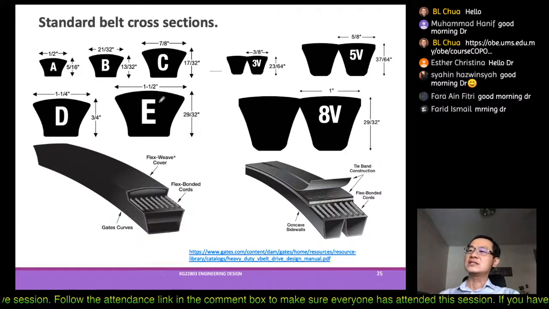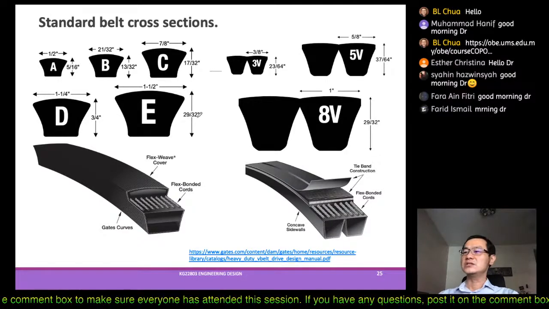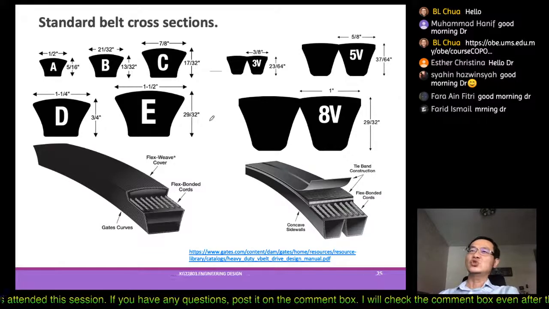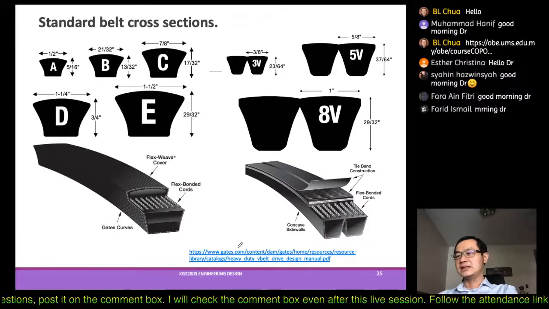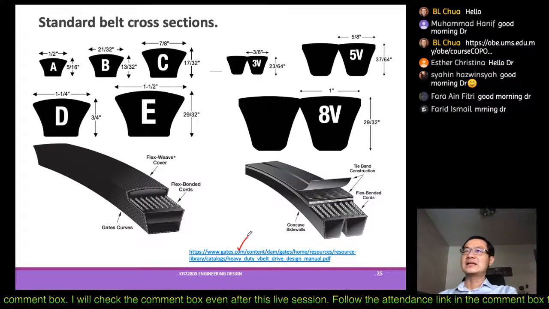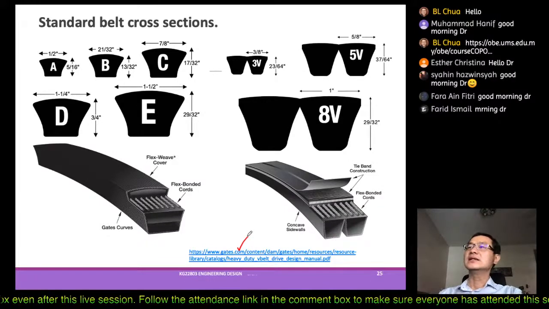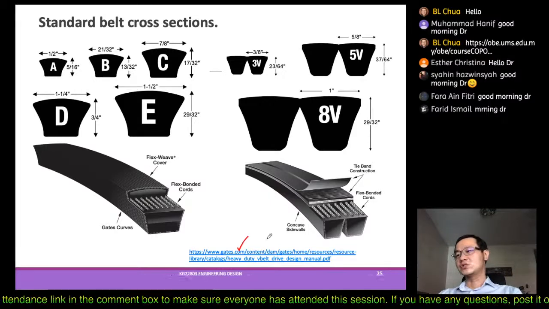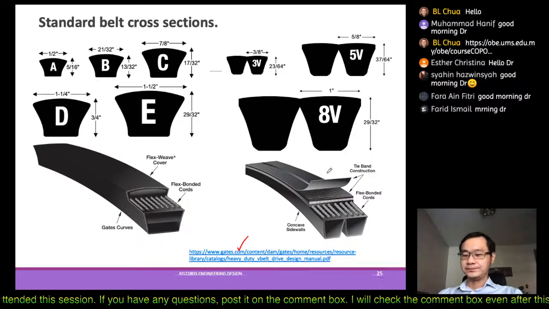This is the standard of the belt constructions, made according to the American standard. Again, similar to the bearing, you can always get the specifications from the manufacturer website. This is where I get the catalog from, gates.com.